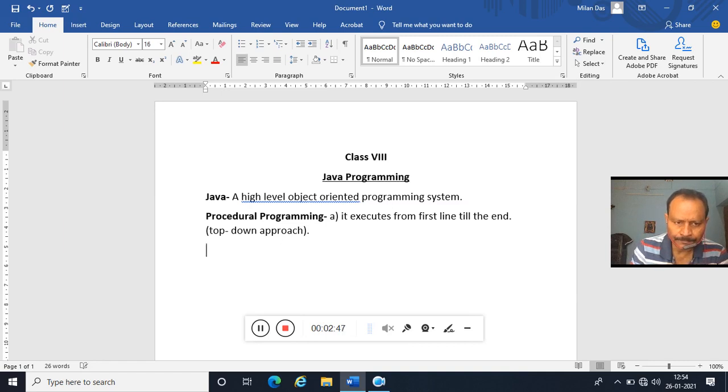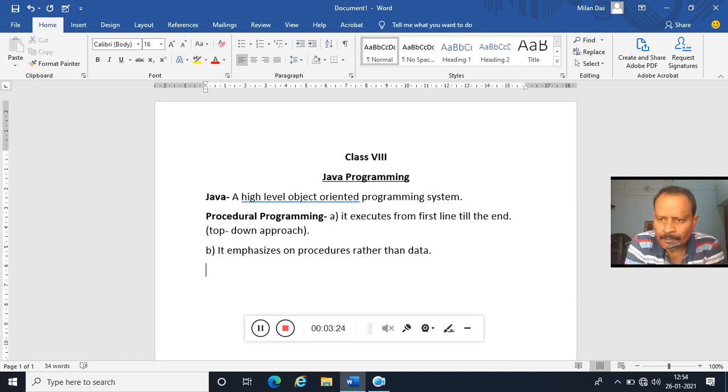The second point is, it emphasizes on procedure rather than data. Now, what is procedure and what is data?